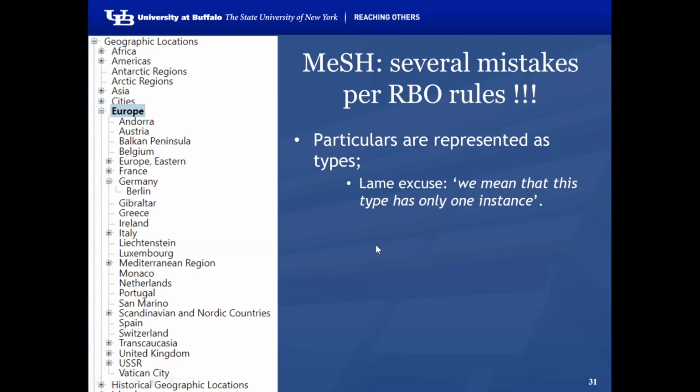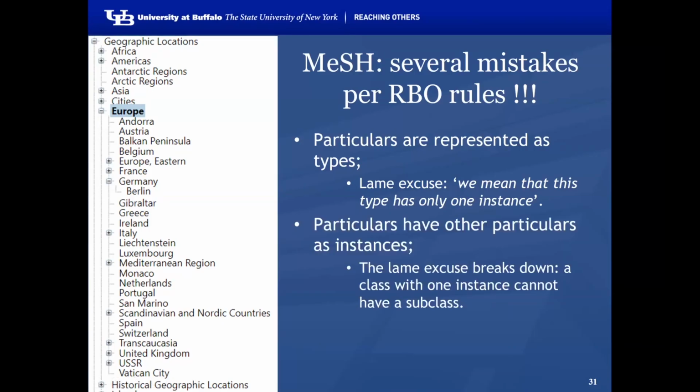But if you do that, there is another problem, and it's exactly related to what I said with respect to the previous slide. What would be the next problem? The next problem is that particulars cannot have particulars as instances. If you say that Europe is a particular, then Andorra cannot be a particular in Europe.